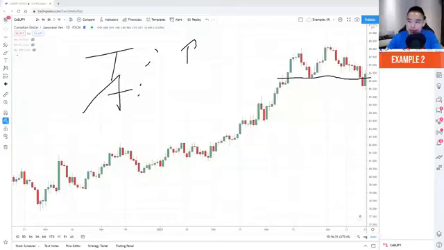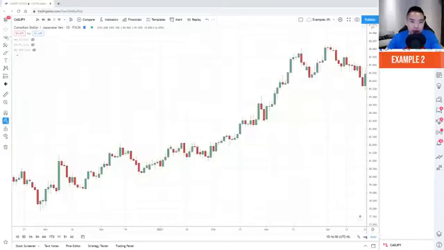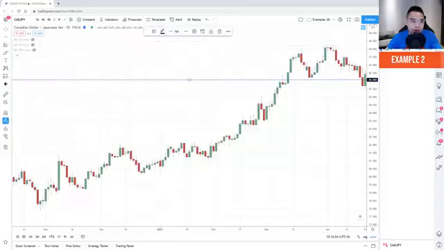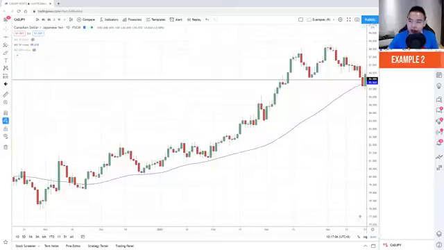And one more thing to add about the area of value, let me just draw this area of support first. As you trade the markets, sometimes you might get lucky and have multiple confluence factors, multiple areas of value coming together. So in this case, I will overlay the 50-period moving average and you'll see what I mean.